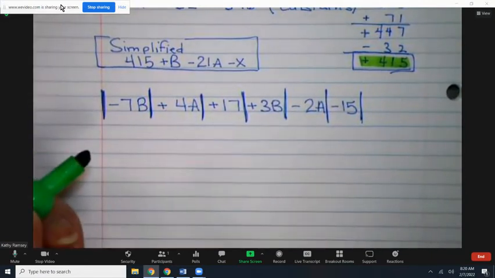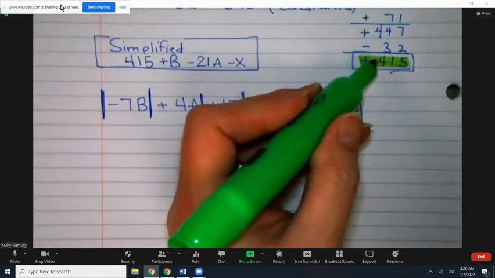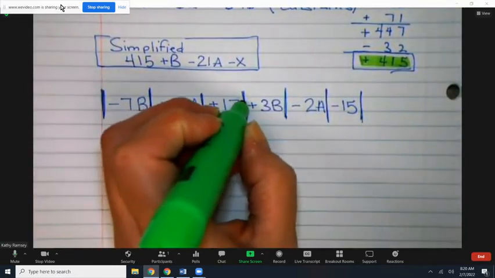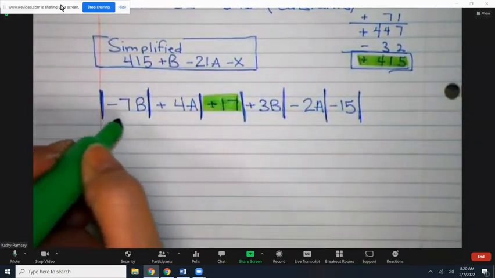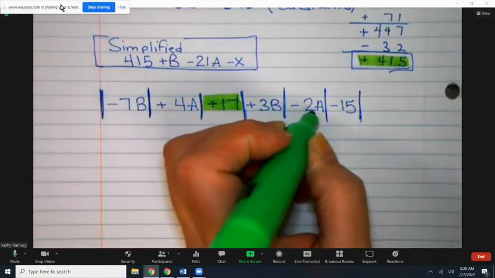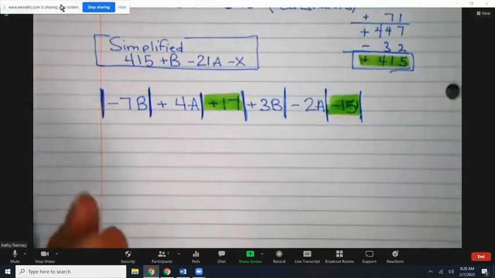Okay, so let's go back through, and let's use the same color we used for our constants in the last one, and let's highlight the terms that are constants. So that has a variable, that has a variable, that's a constant, that has a variable, that has a variable, that has a constant.